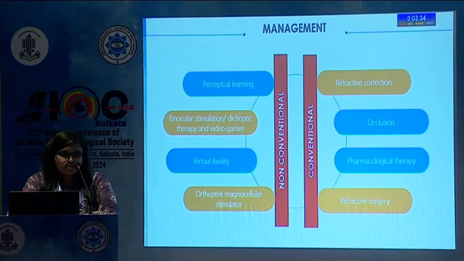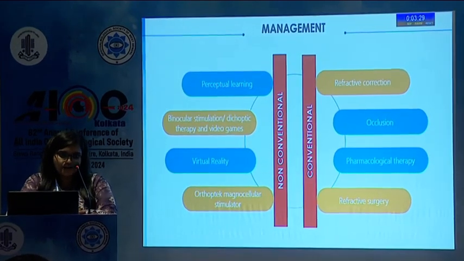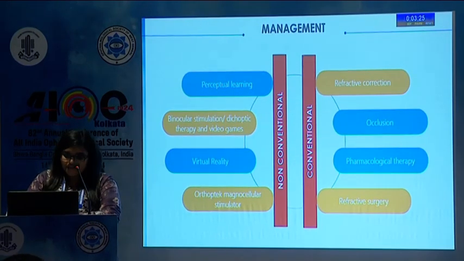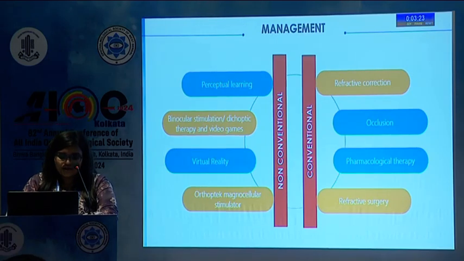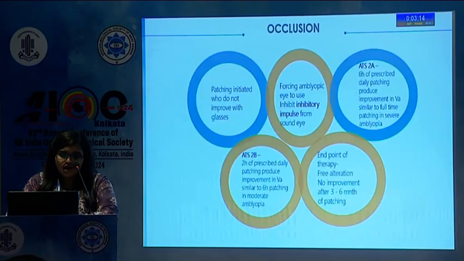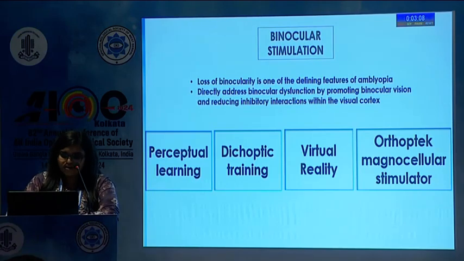In non-conventional, binocular stimulation is the most important criterion, and it includes perceptual learning, dichoptic therapy, virtual reality, as well as orthoptic treatment management. Refractive correction is the most common and important in all age groups of patients, and for occlusion, if vision is not improved by refractive correction, then patching is preferred.